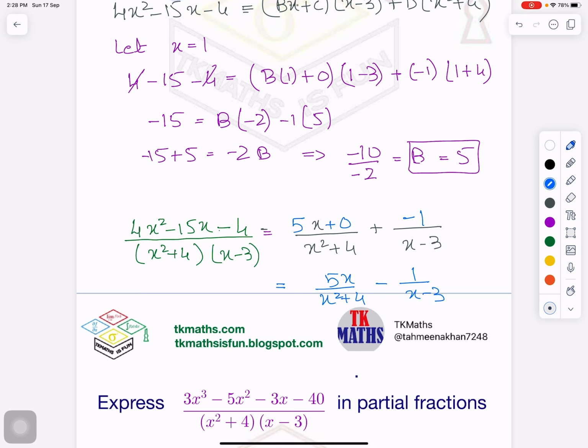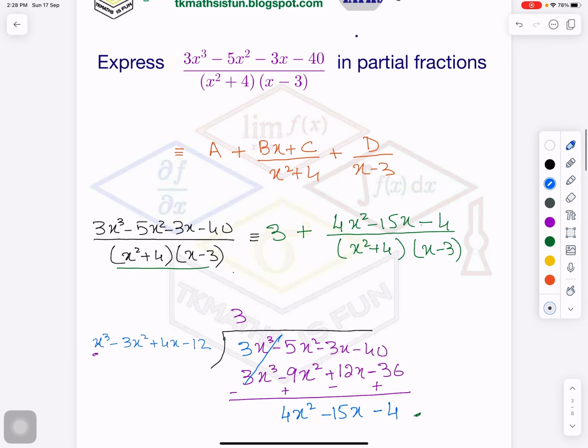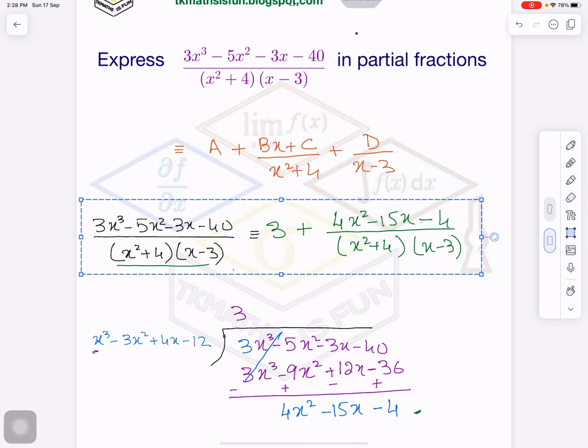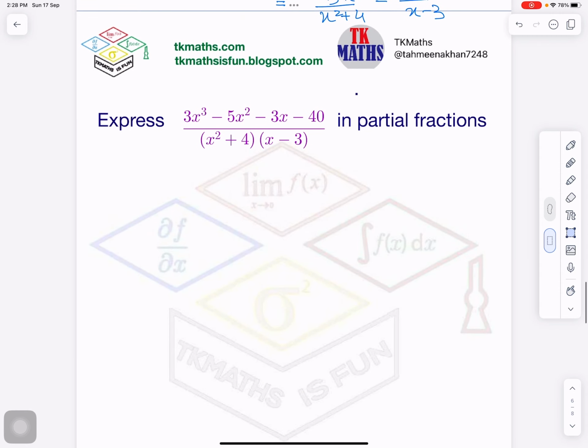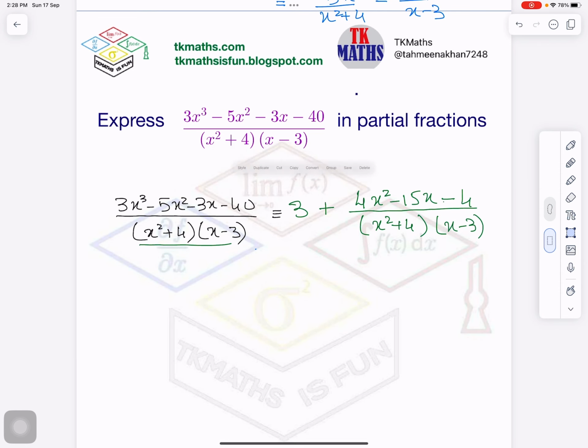But don't forget, the question was this, right? So I'm writing the original question here, this whole part. Okay, it's almost done. So now this part I will replace, the second part which is here, this part.